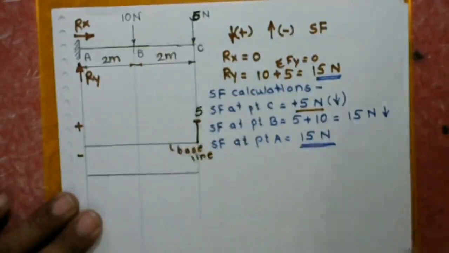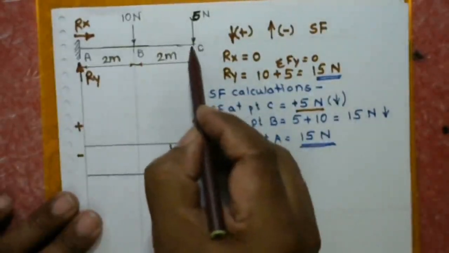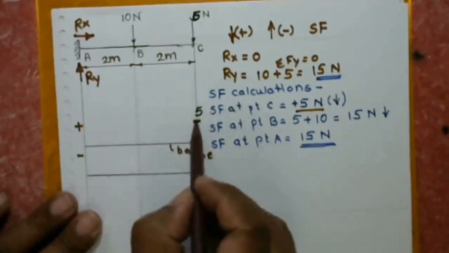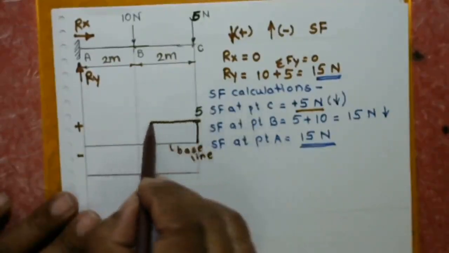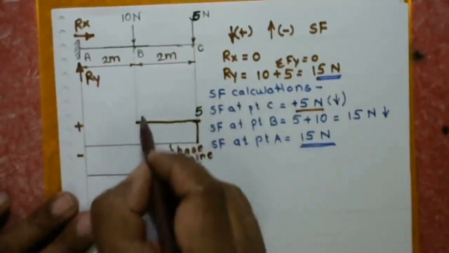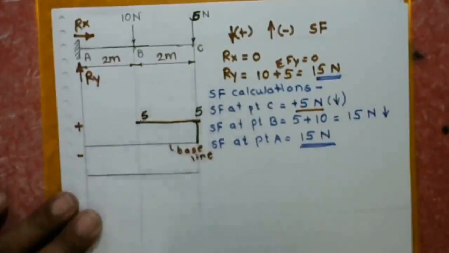Then between point C and B there is no load. When there is no load, the shear force diagram is shown by a horizontal line, so this is also 5 Newton.